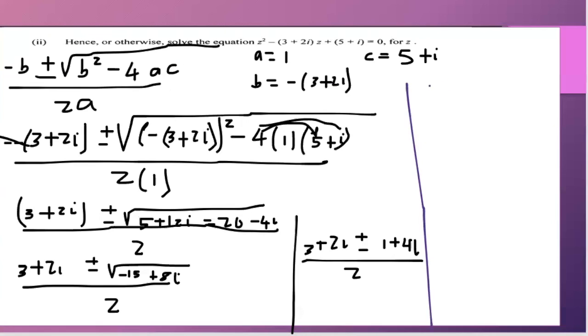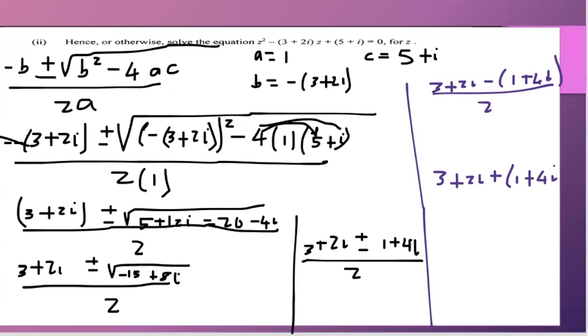So I will have 3 plus 2i minus (1 plus 4i), and I'll put the 1 plus 4i in brackets because the minus sign will affect it, all over 2. Also, I will have 3 plus 2i plus 1 plus 4i all over 2. Now, what's left is just to simplify.